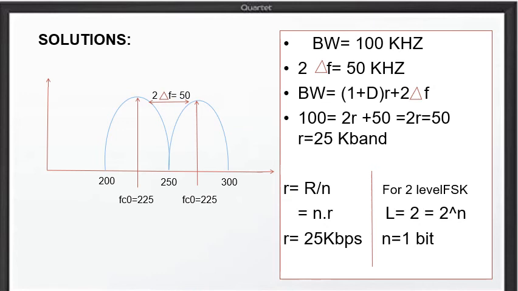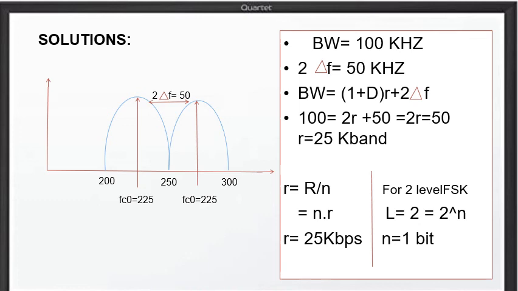Next, for the level of FSK, we need to find the N value so that we can multiply it by the rate. So L equals 2 to the power of N, and N equals 1 bit.